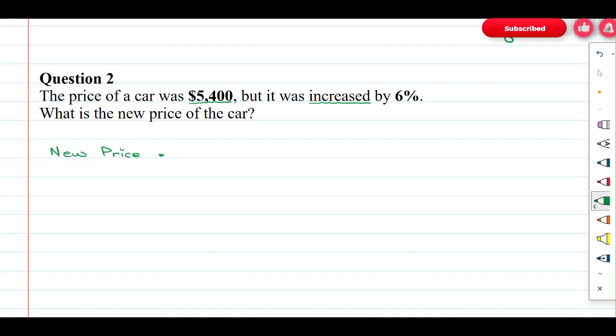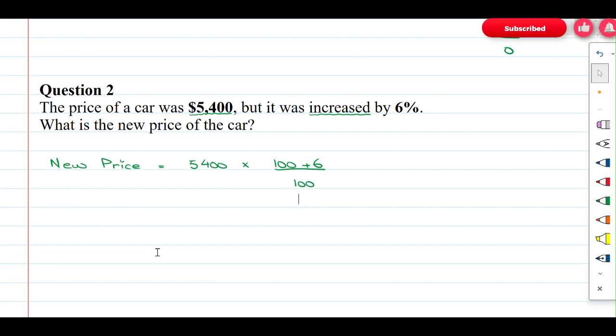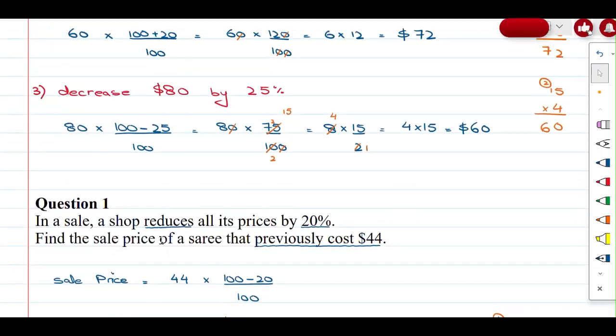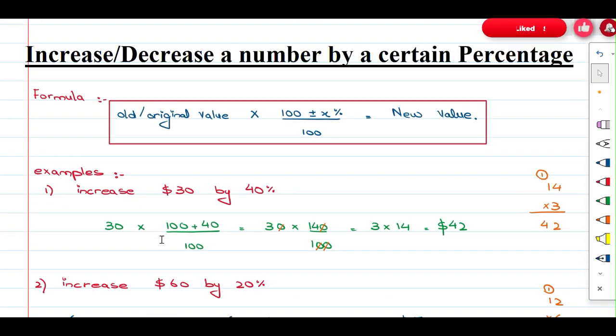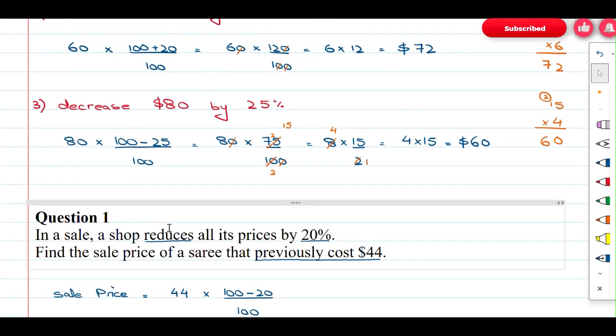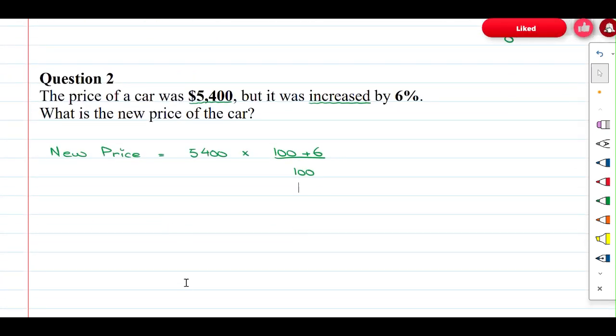here we can say the original price was 5,400, multiply 100, add, increase means add some percentage which is 6%, divide by 100. So you can see I use the same formula which I wrote in the beginning of this video, this one, right? Okay, so let's figure out.